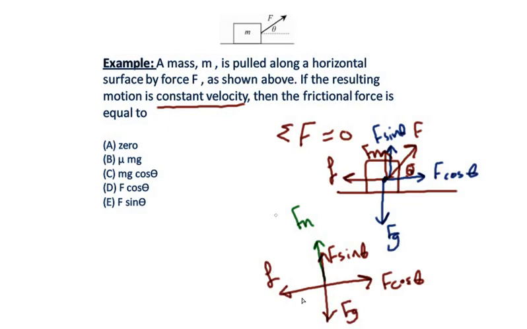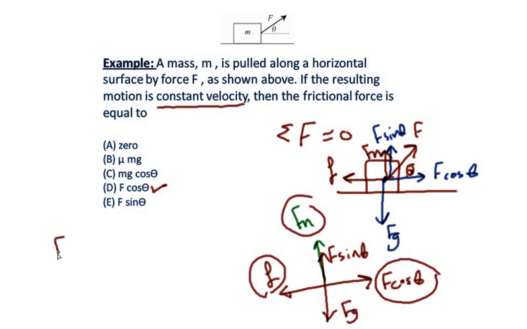If the object is not moving, or if it's moving at constant velocity, I mean when the object is at equilibrium, the net force in the x direction is 0 and the net force in the y direction is 0. Then the frictional force will be equal to F cosine theta because they cancel out each other. So the answer is D. Okay, now what about the normal force?